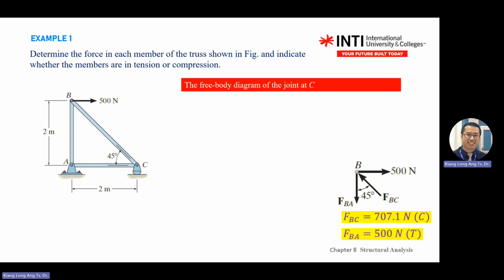FBC is pointing in or pointing out? So what should you draw here?